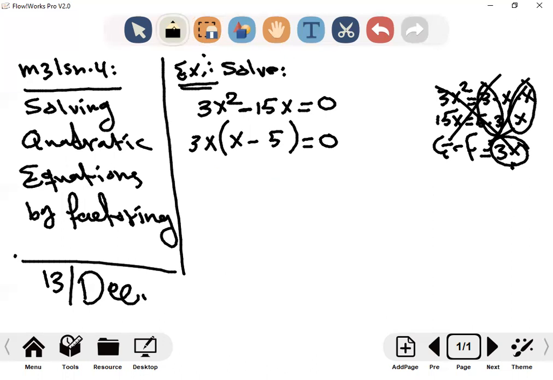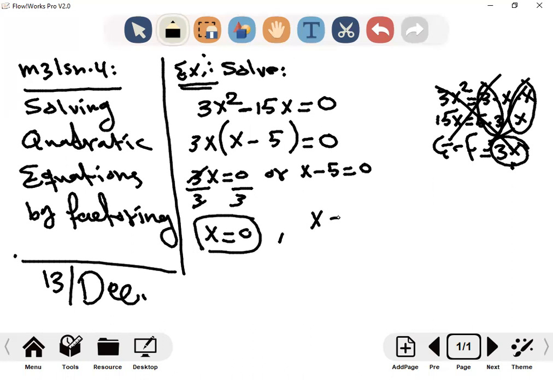Now after we factor, we use the zero property. Yesterday we talked about it: if you have two terms multiplied together that equal 0, then the first can be 0 or the second can be 0, at least one of them. So here we multiply the 3x and the parentheses, and the product equals 0. So either 3x equals 0, divide by 3, x equals 0, or x minus 5 equals 0, so x equals 5.